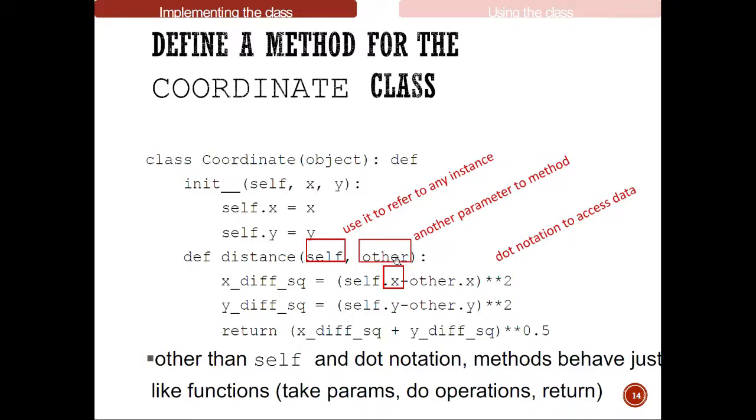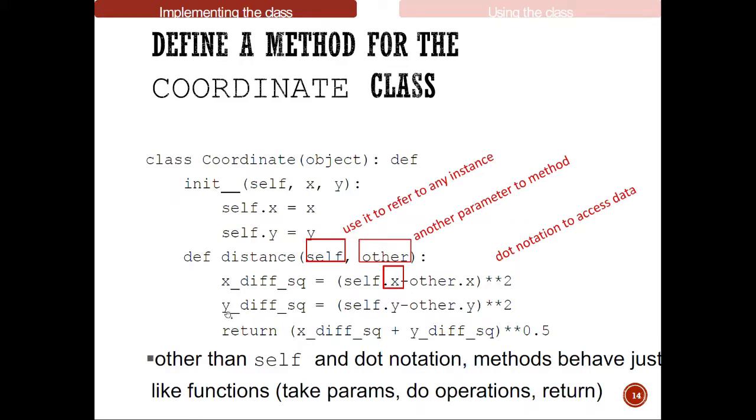And here the keyword other represents another parameter that's given to the method, which also belongs to, or is an instance of, the same class. We define the difference in the x direction to be self.x minus other.x raised to the power 2. And here we use the dot notation to access the attribute as mentioned earlier.